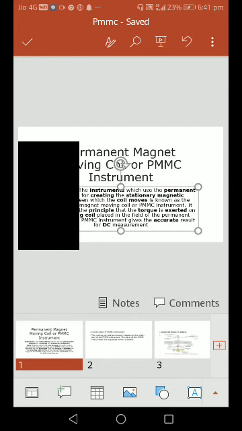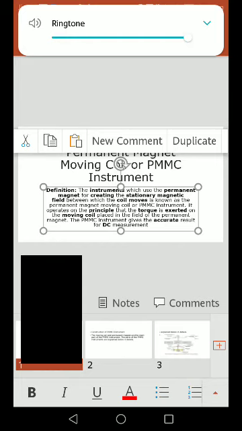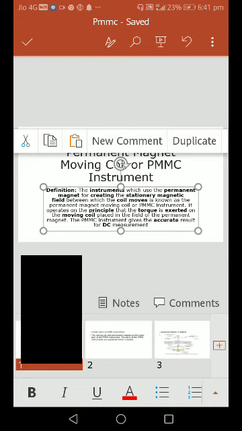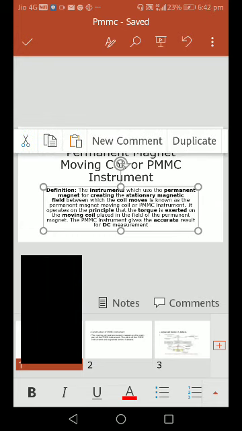PMMC is the instrument which uses a permanent magnet for creating the stationary magnetic field in which the coil moves, and is known as a permanent magnet moving coil instrument.